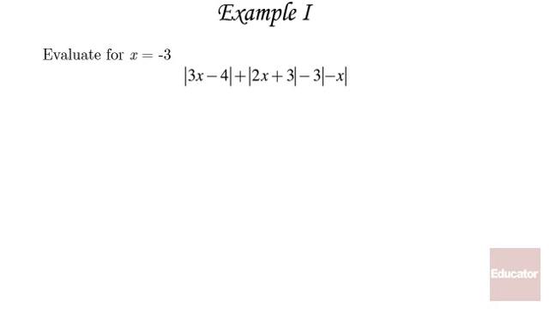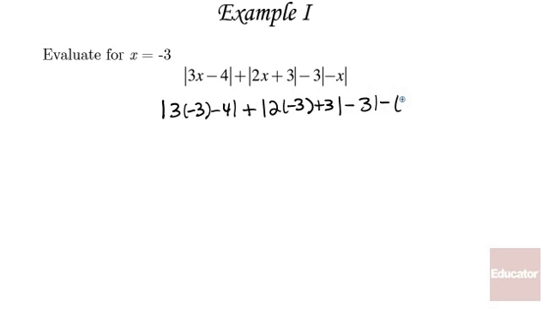Okay, example 1. Evaluate for x equals negative 3, and this has multiple absolute value terms. So substituting in negative 3 for x. Solving for the absolute value of this would be 3 times negative 3.